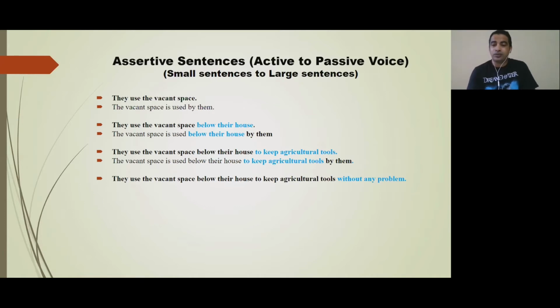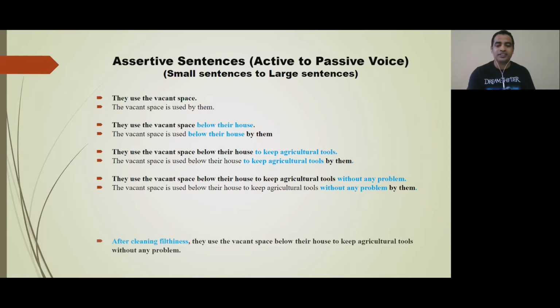The passive voice will be: the vacant space is used below their house to keep agricultural tools without any problem by them. "Without any problem" doesn't make any problem because it's an extension, and we know the rule that an extension takes place before the preposition "by."